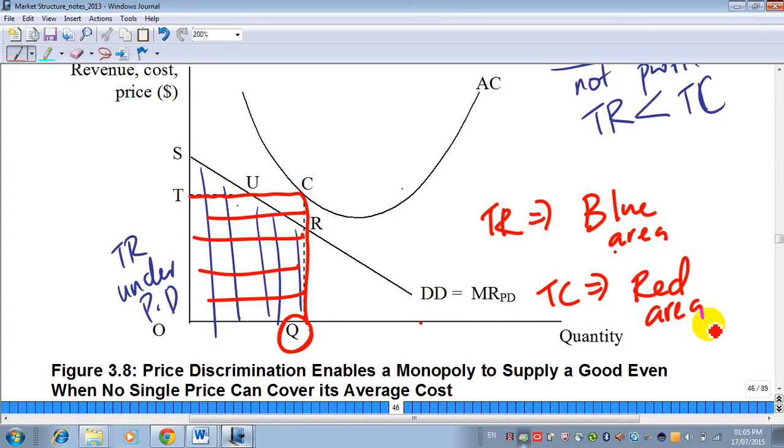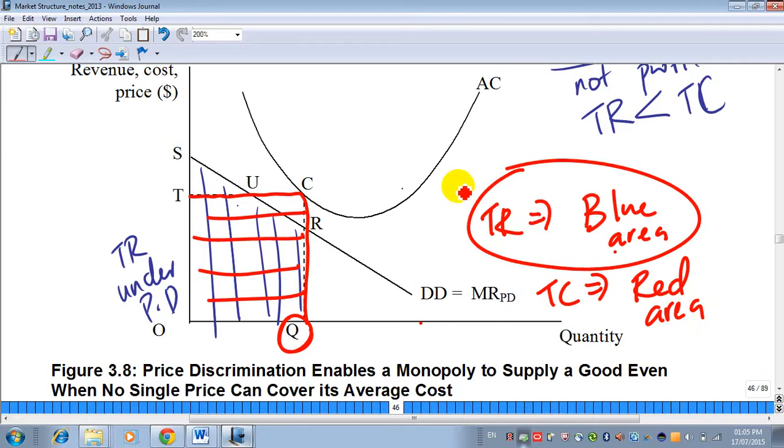So my question to you would be this. Would the supplier now supply the good? Because we compare the blue area and the red area. It seems to me that the blue area, the total revenue, is a little bit larger than the red area.